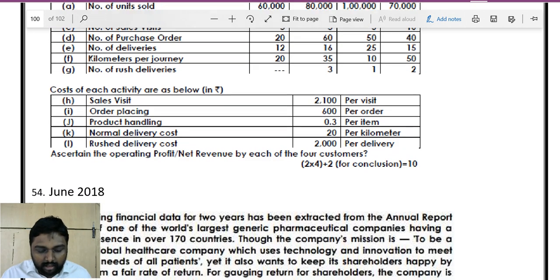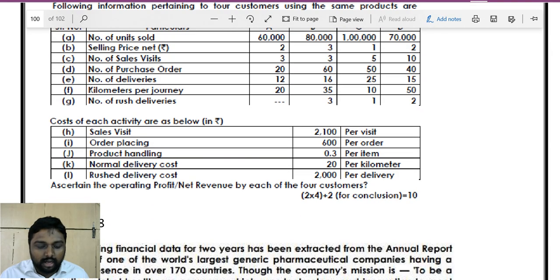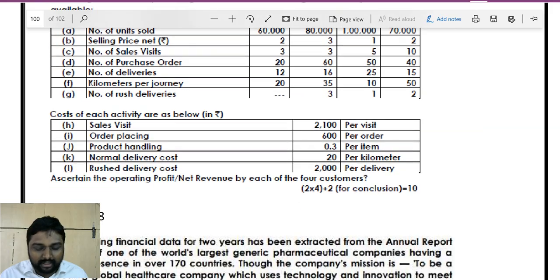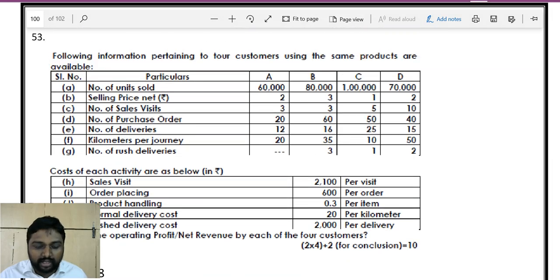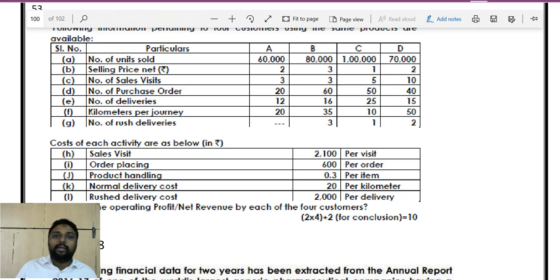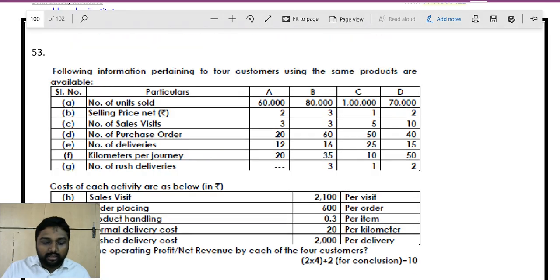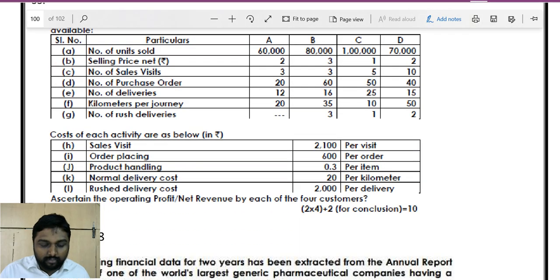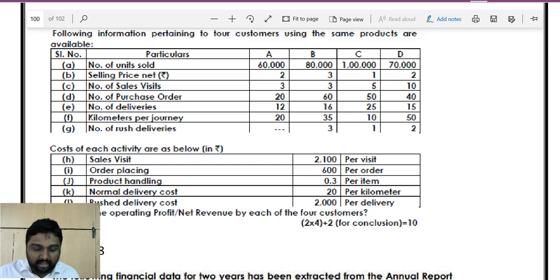See, now this is your SCM question, which came as an exercise for your SPM. SCM means activity based costing. In your group 3, you have activity based costing, and that question only came. Sometimes it will come for the exam also. I don't want to solve this because we already discussed it, but I will give the clue.